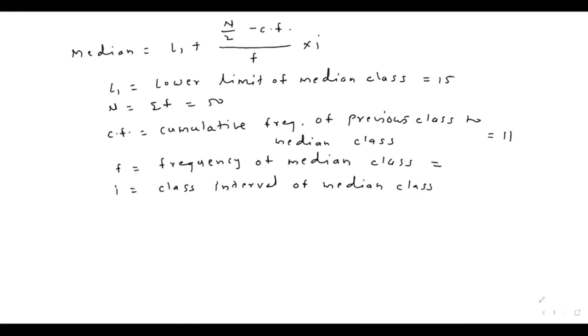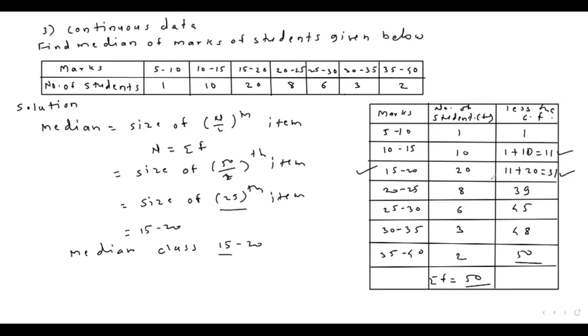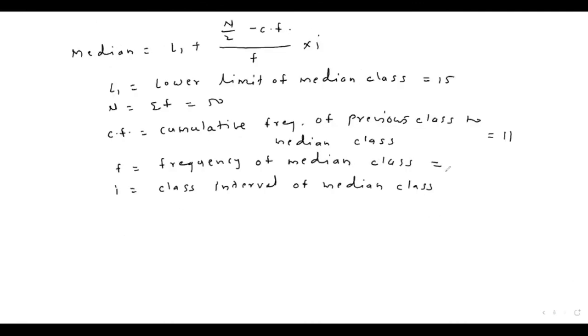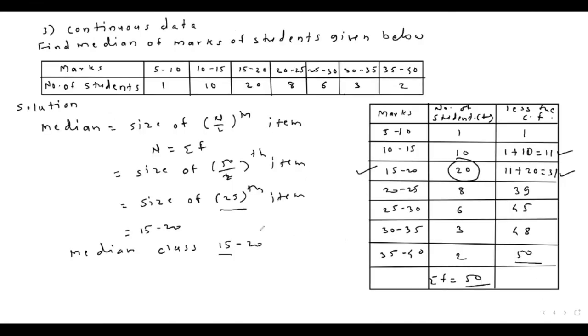Then the frequency of the median class is 20. And I is the class interval, the difference between the lower limit and upper limit of a class, that is 20 minus 15, which is 5.